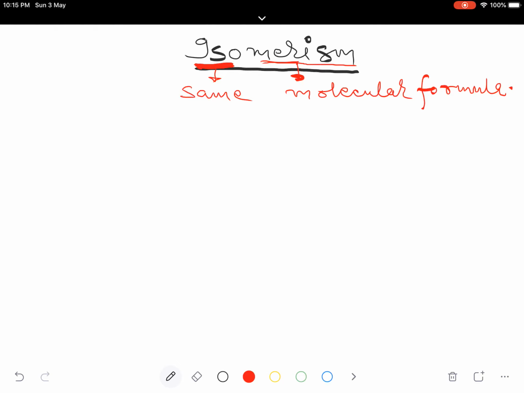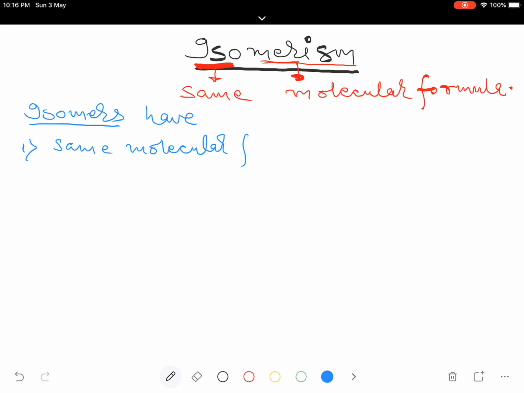Here I'd like to define what different isomers can have. Two compounds are said to be isomers, when we write isomers, compounds which exhibit isomerism. Okay, so isomers have, we can write, same molecular formula as the name indicates.